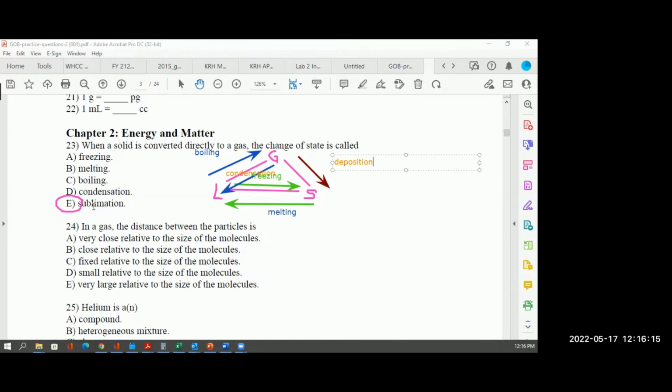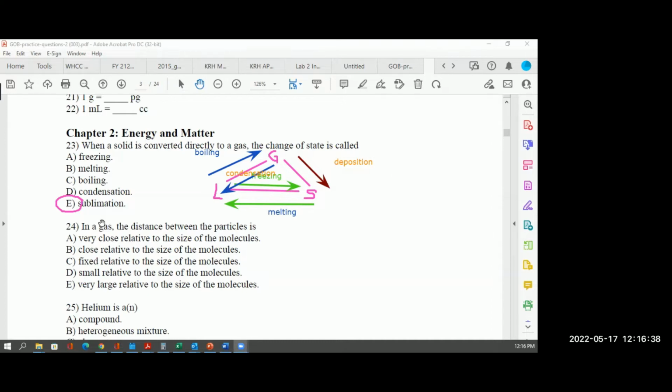And then if I go from a solid to a gas, that's called sublimation. Piece of cake. Just can't overthink. Just got to keep it simple.